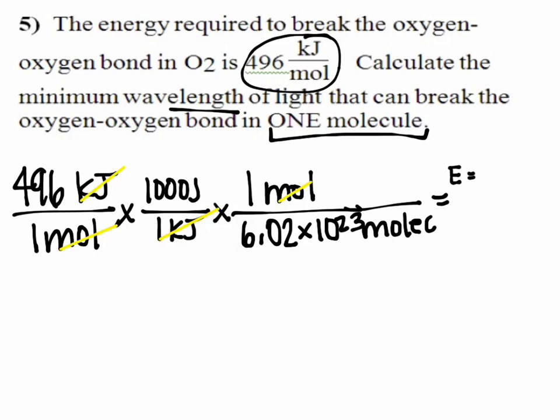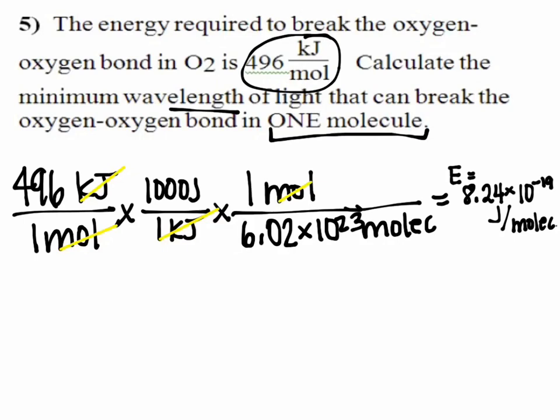So our energy is 8.24. Is that what you guys get? Times 10 to the negative 19 joules per molecule. So now that we actually have it per molecule, we want to know what the wavelength of light is that's going to break that oxygen-oxygen bond.